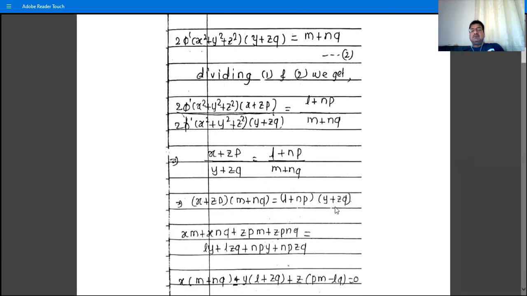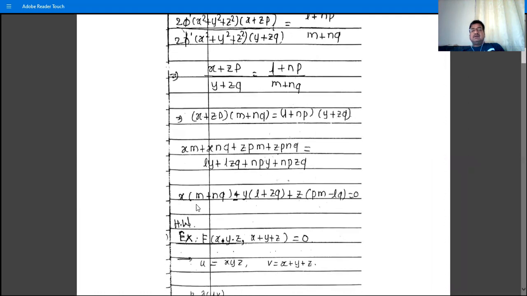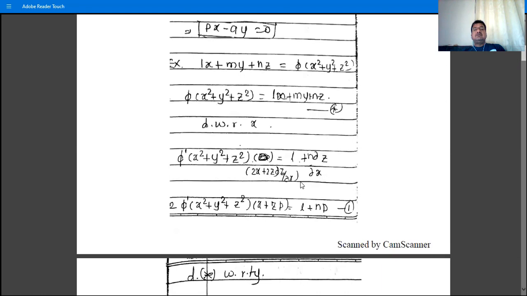Then cross multiplication, and after simplification, taking x common as (m + nq), minus y common as (l + np), plus z terms as (pm − lq), we get x(m + nq) − y(l + np) + z(pm − lq) = 0. So this is the corresponding partial differential equation.